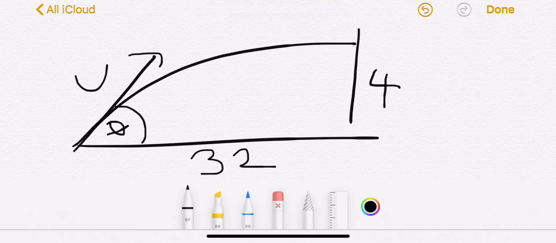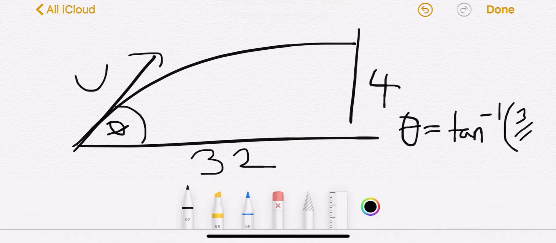We're also given that theta is tan inverse of 3/4. We need to resist the temptation to just put that into our calculator and find a value for theta, because we're going to lose some accuracy.